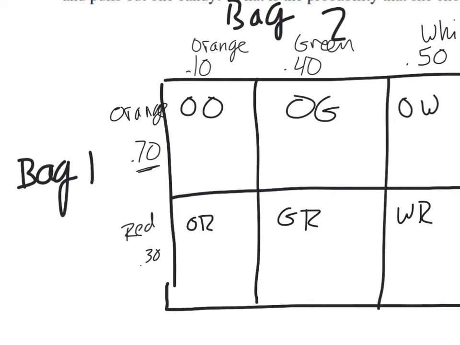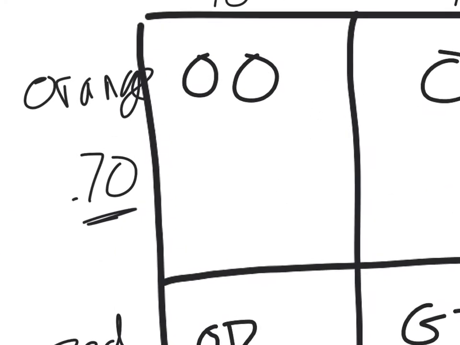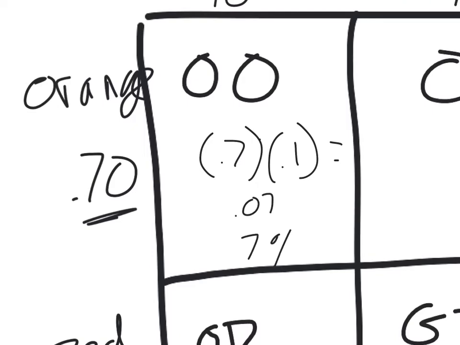So what I need to do now is calculate the probability of this taking place. For her to get orange, that would be multiplying together the 0.7 and the 0.1, the two associated probabilities with one another. And in doing so, 0.7 times 0.1 is equal to 0.07 or 7%.